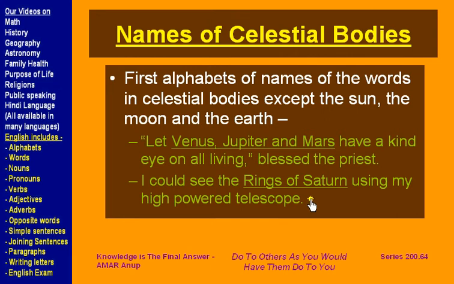But Saturn is a planet which has rings around it, and so the rings of Saturn is a celestial body, and R in Rings and S in Saturn is capitalized.